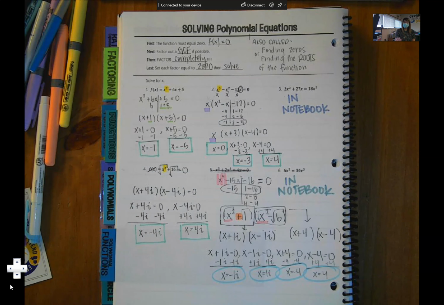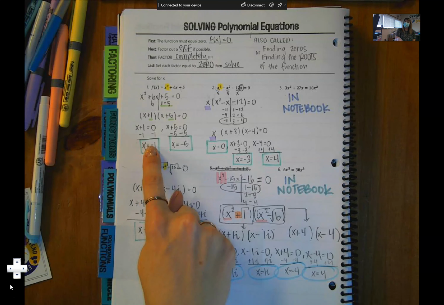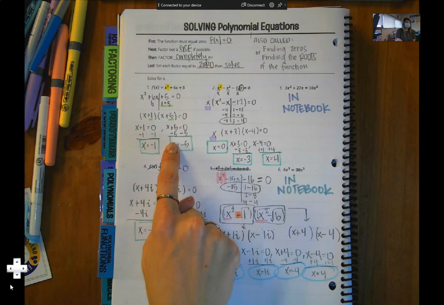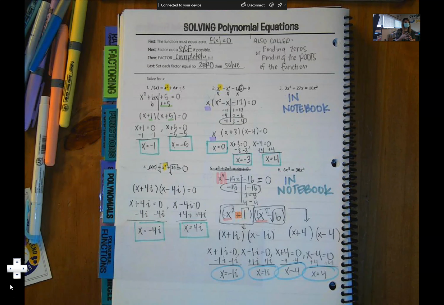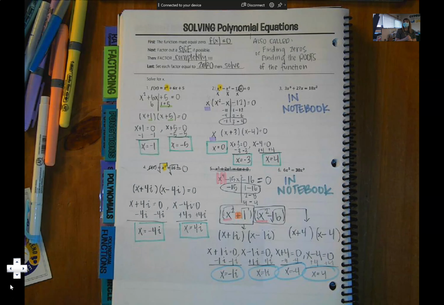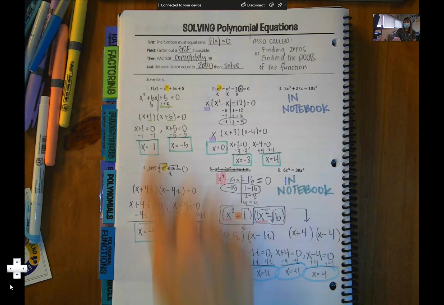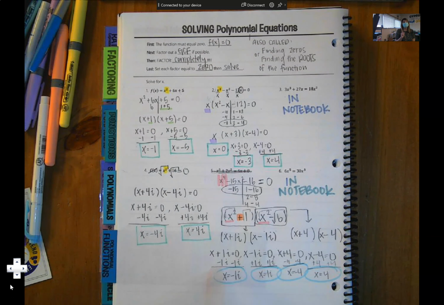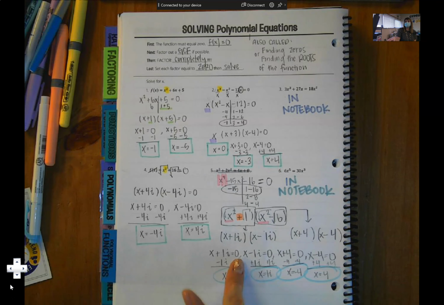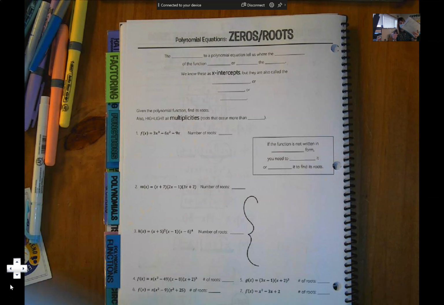What is similar is that you need to know how many roots or solutions a polynomial has, but you don't have to go through and solve them out like this to find those roots. So today we're finding how many roots a polynomial has. So similar to this, just not quite as challenging.